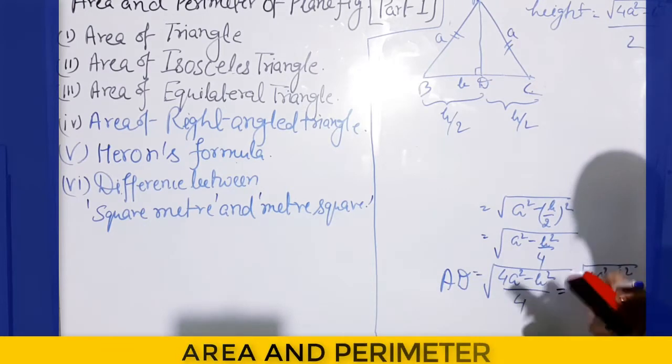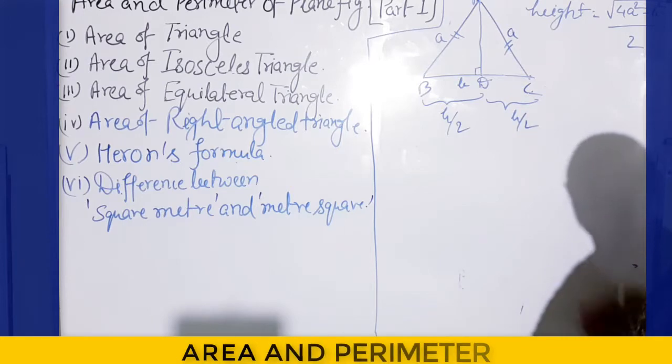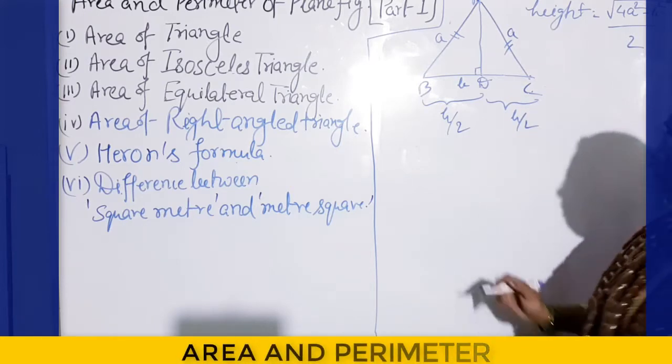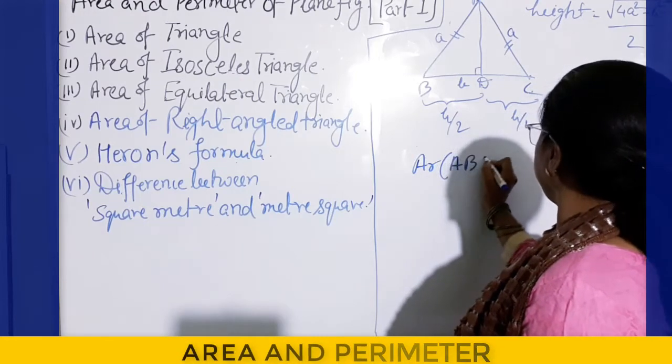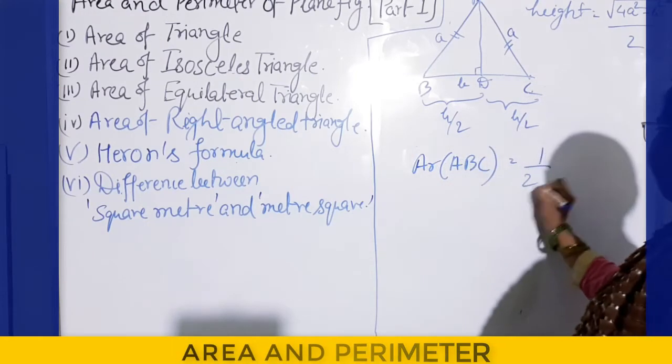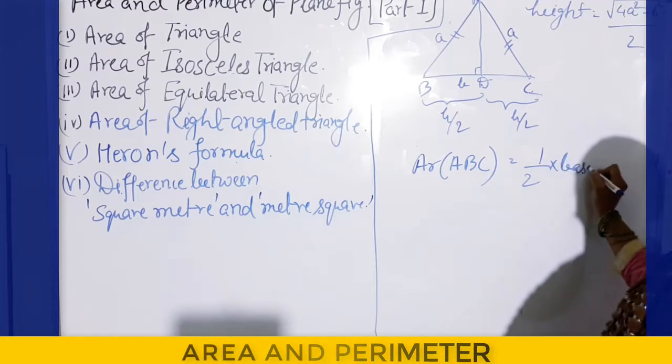Now area of triangle, if height is known, then area of triangle ABC is equal to half into base into height.